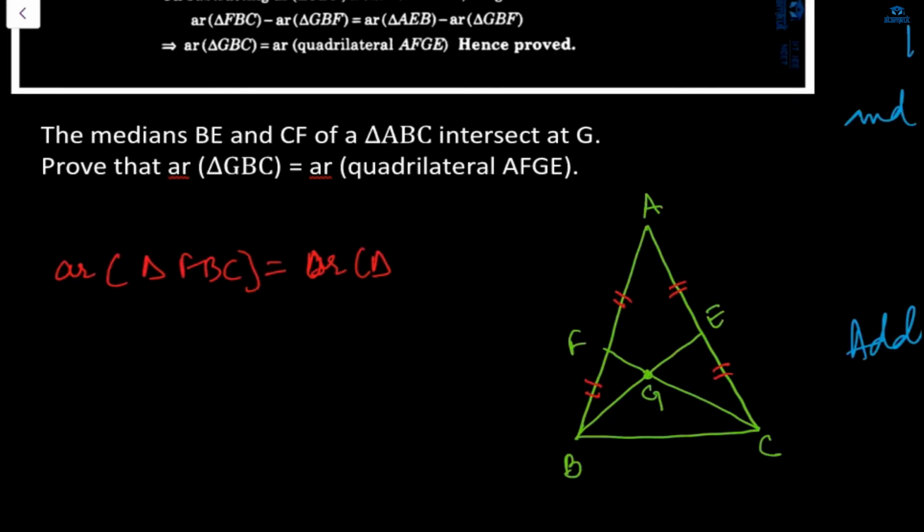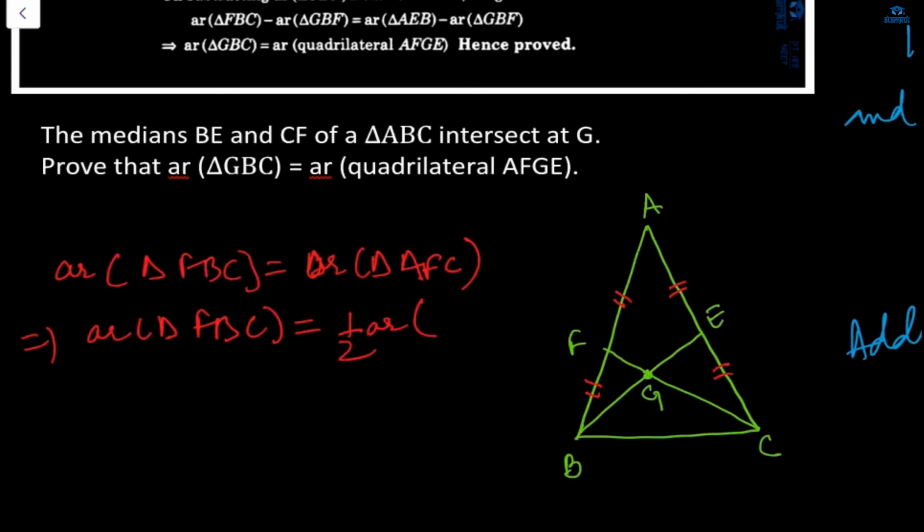So the area of triangle FBC will be equal to area of triangle AFC. Yes, and this also implies that since the median divides the triangle into two equal areas, area of triangle FBC will be equal to half area of triangle ABC.